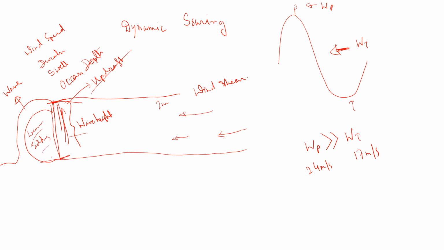Now what happens when the birds are coming in the same direction? Wind is coming in this direction, and the bird is also coming in the same direction. It takes the energy from these updrafts, leeways or eddy currents, and it moves upward.